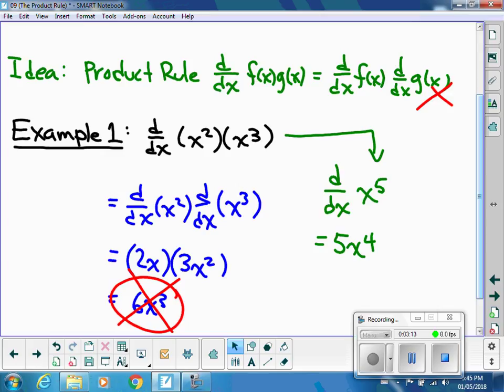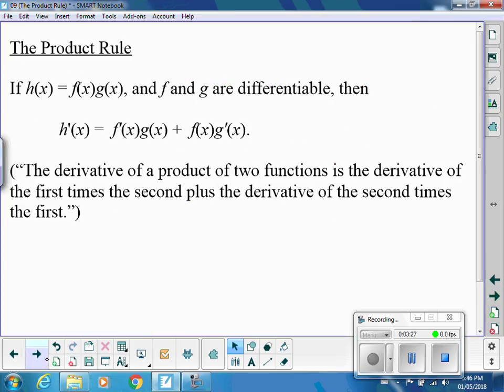So what we're going to do now is give you the actual rule and then do a couple of examples of how it works. Tomorrow's lesson will go into proofs of why it works the way it does. So here's the product rule.